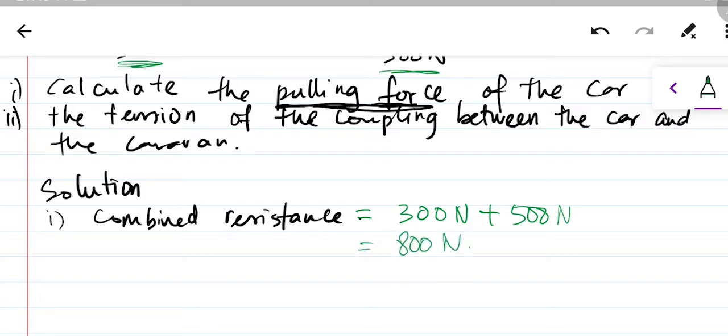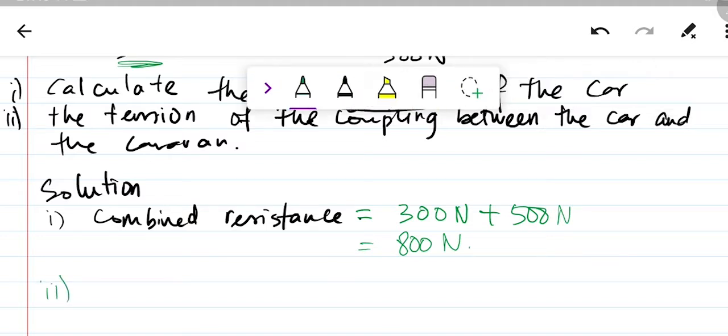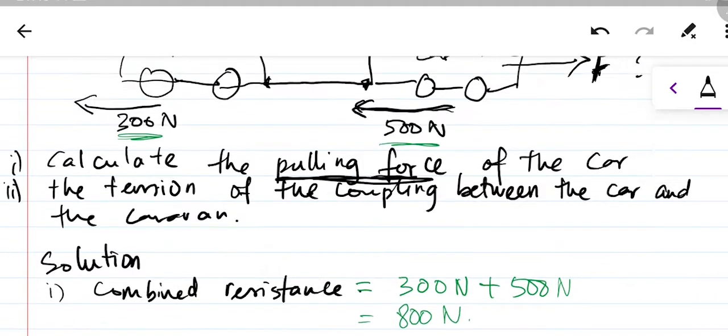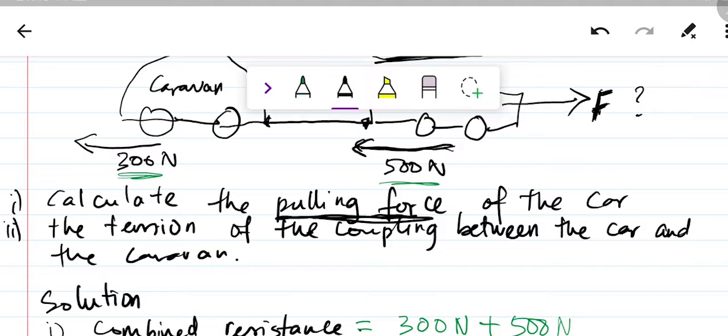Next we need to calculate the combined mass. I forgot to inform you of the masses.